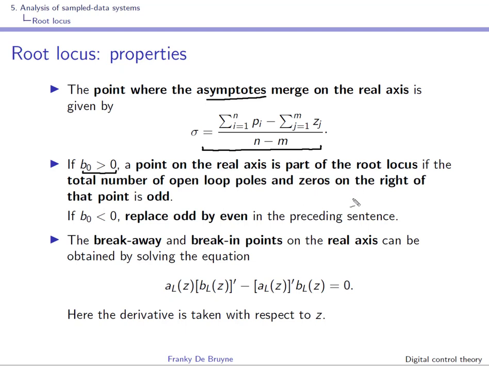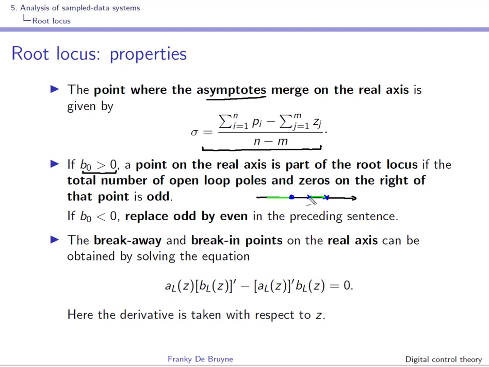So for instance, if this is the real axis and you have here a pole, here a pole, and here a zero, then you know that over here this point will be part of the root locus, and this one will also be part of the root locus, because over here at the right you have 3 poles and zeros, so the condition is satisfied.